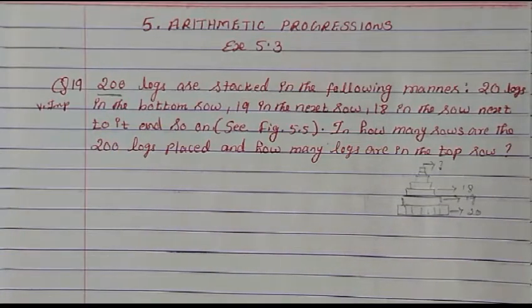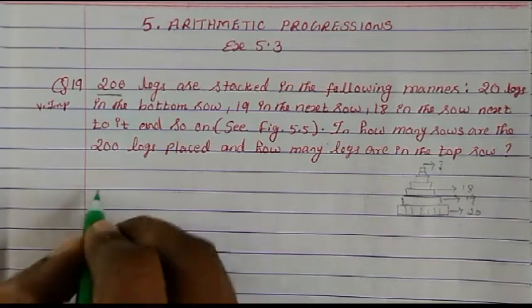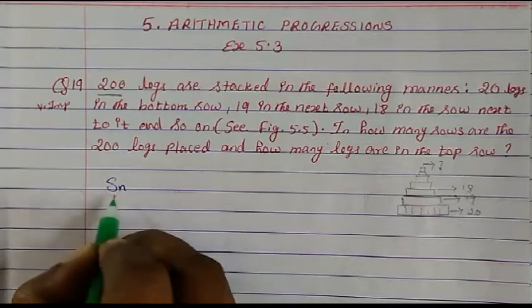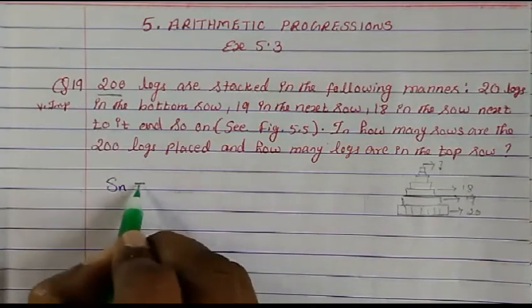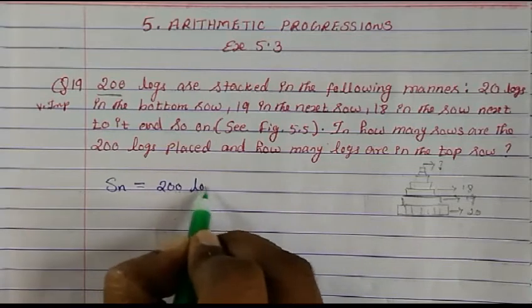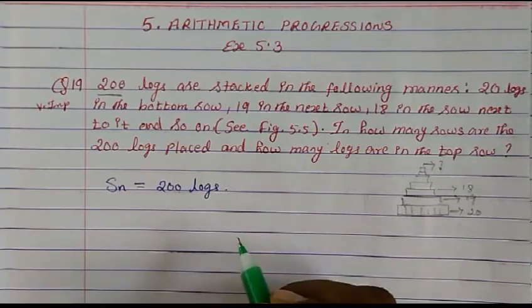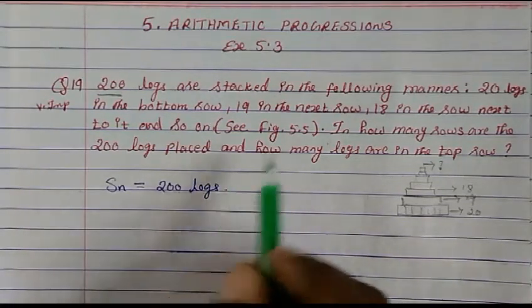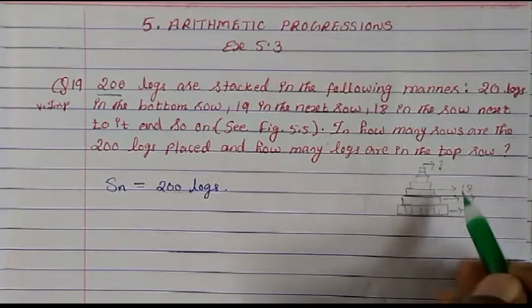So let's write down. What we have with us is the sum of the logs, that is 200. So Sn is given to us, 200 logs. Then what else? We can write the AP, because it is given to us: 20, 19, then 18.